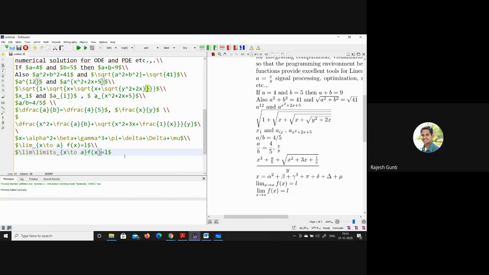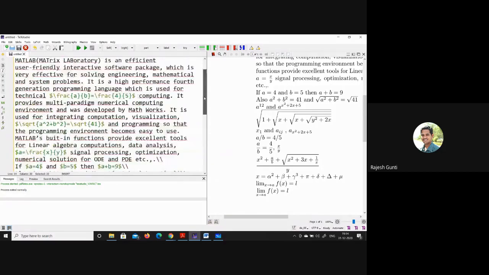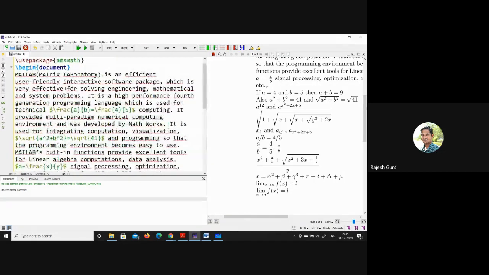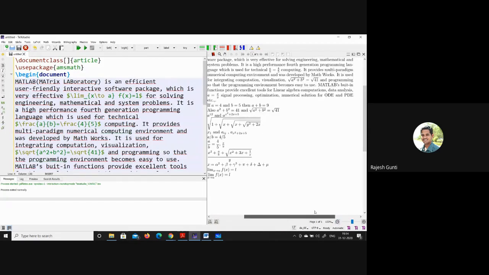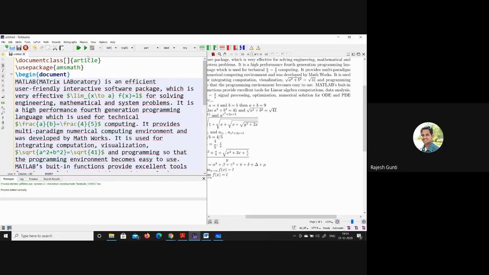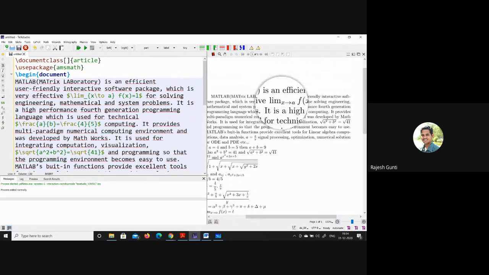So what if you copy this one? I will copy this command, Control C. What is the advantage of this command? I want to copy it here, Control V. We run this document. You see that, no extra space is created here.